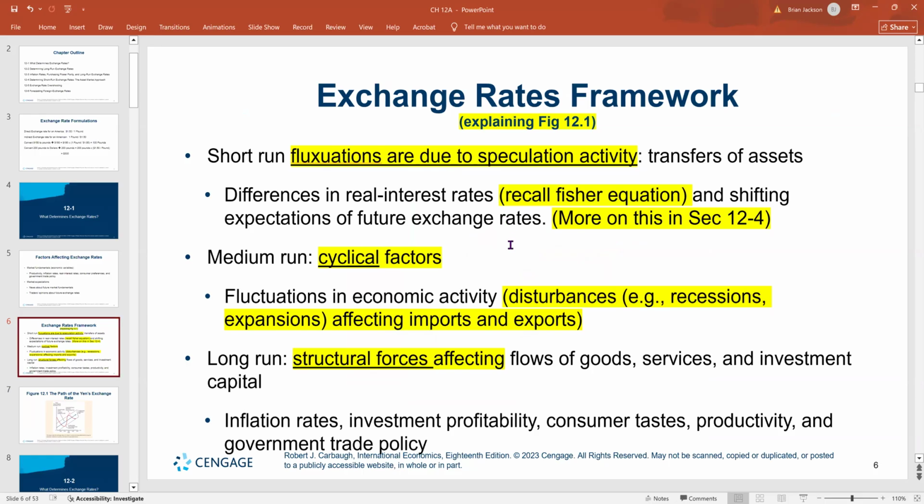So, if the Federal Reserve Board of the United States comes out and says in one of their regular meetings, they have every 6 weeks a meeting of the FOMC, Federal Open Market Committee, and they say, okay, we're going to lower interest rates in the United States.